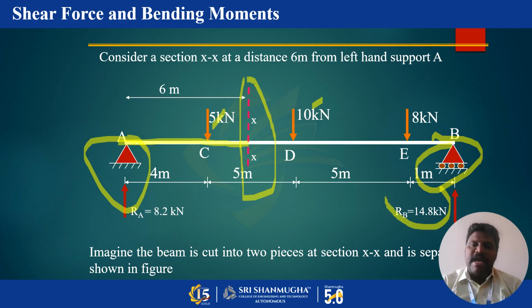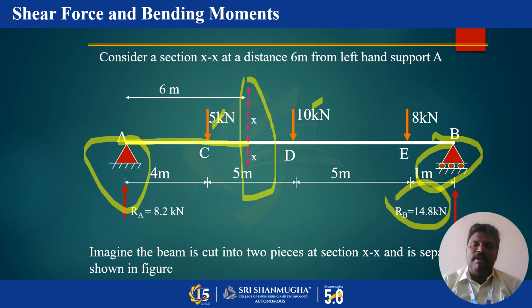Now I'm going to calculate the reactions at support A as well as at support B. For this, I have to use the 3 equilibrium equations. One is summation of horizontal force equals 0. The second is summation of vertical force equals 0. The third is summation of moment equals 0.